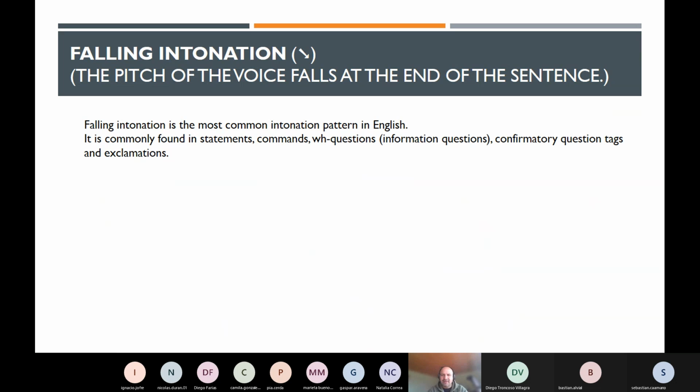Let's take a look at some following intonation examples. Okay. This time I need the help of Camila. You have not solved your issue with the microphone, have you? Have you fixed your microphone, Camila? Not yet. So I'm going to ask Marieta. Okay, Marieta. Pia, is your microphone working?